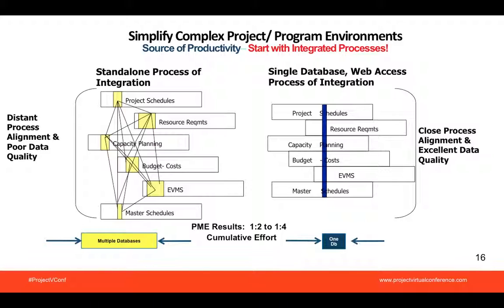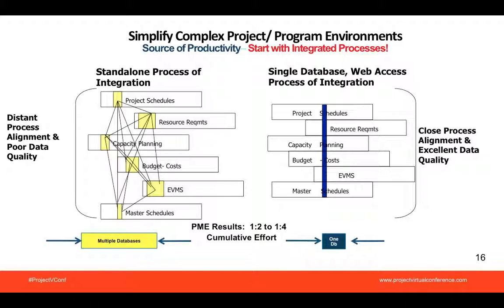Now, if you look at the right-hand side, you'll see all those same 6 database sources of information where they're all integrated. All those bars are closely tied to each other and near each other, and you'll see a single blue bar going through that. If I add up all the width of the single blue bar, you'll see the result at the bottom is a total effort from using one single database that's significantly smaller than the yellow one on the left.